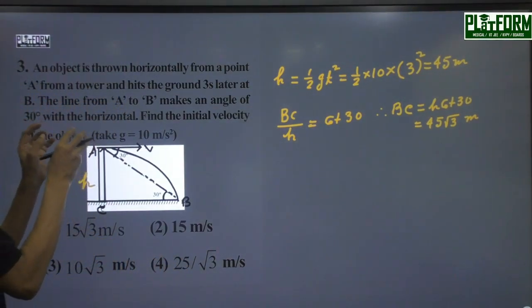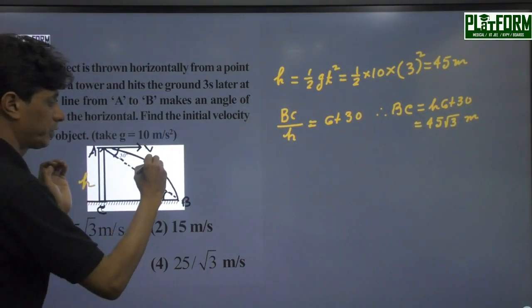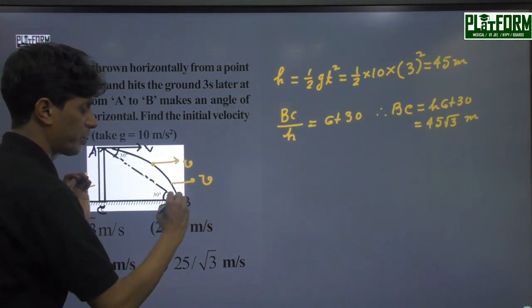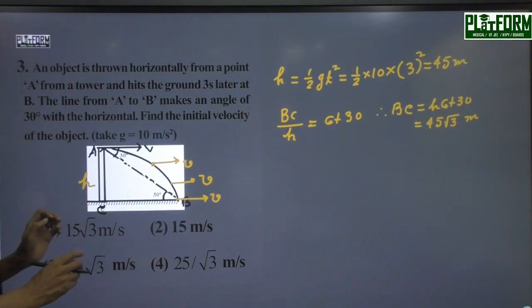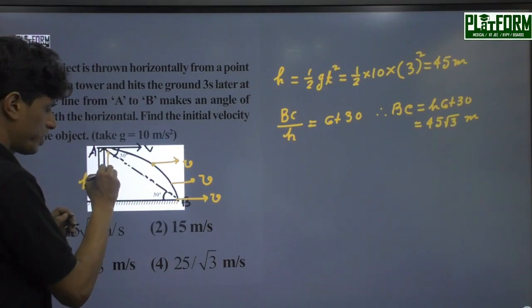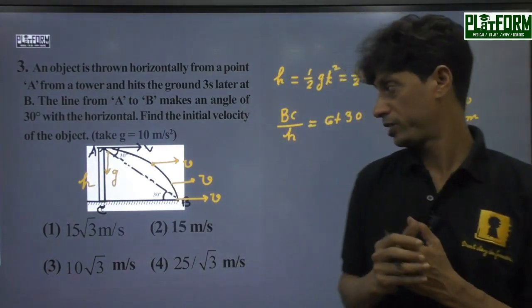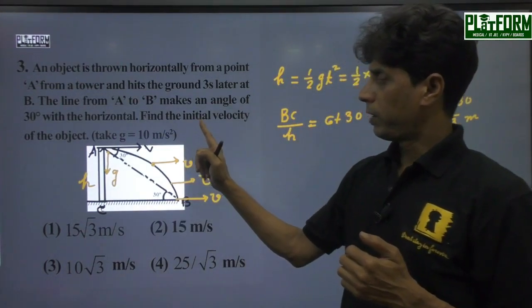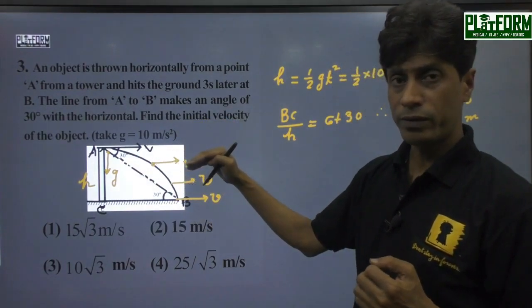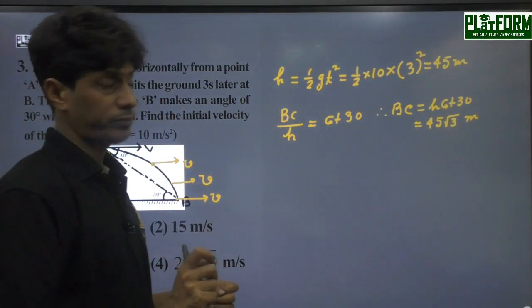Since this body is projected from the top of the tower with some horizontal velocity, the horizontal velocity of the body remains unchanged at any point of its path. The body starts moving downward, or is vertically displaced, because of the gravitational acceleration, but the angle between g and v is always perpendicular, so the magnitude of the horizontal velocity remains unchanged all along the path.